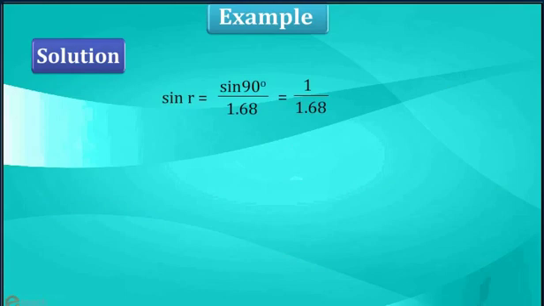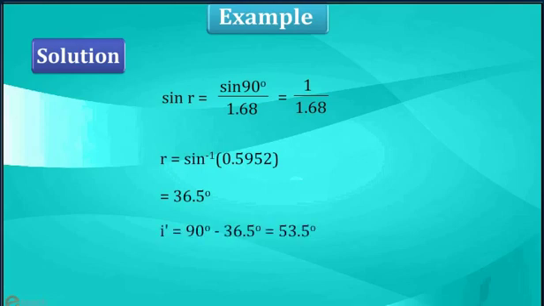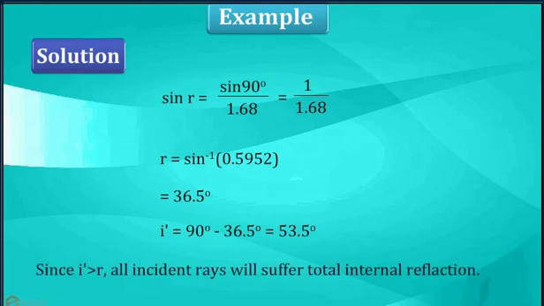Therefore, sin R equals 1 by 1.68. This implies R equals 36.5 degrees. Therefore, I prime is equal to 90 degree minus 36.5 degree, which equals 53.5 degree. Since I prime is greater than the critical angle, all incident rays will suffer total internal reflection.